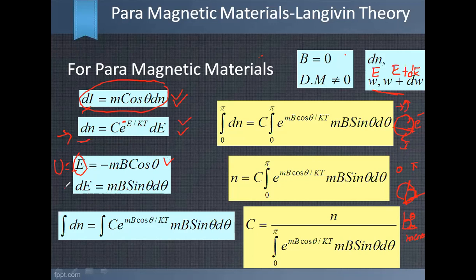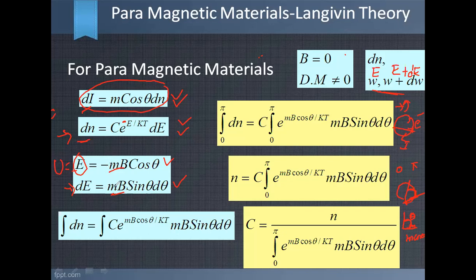Now we take the derivative: on the left side dE, on the right side mB is a constant, and the derivative of cos theta is minus sin theta.